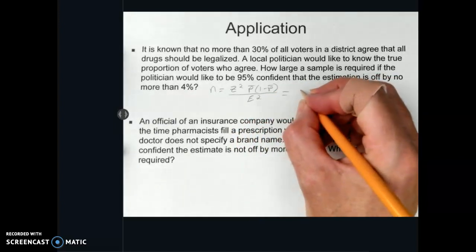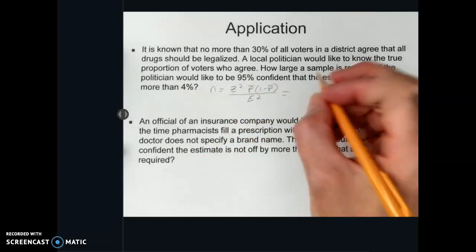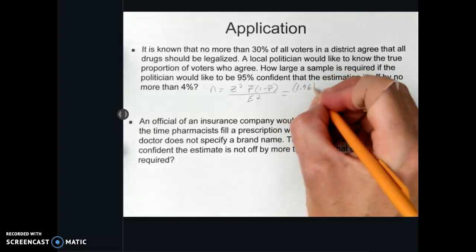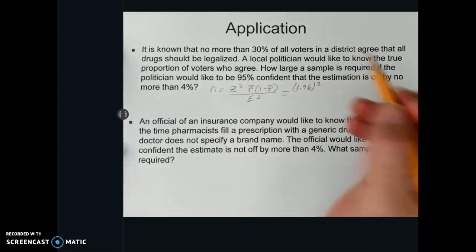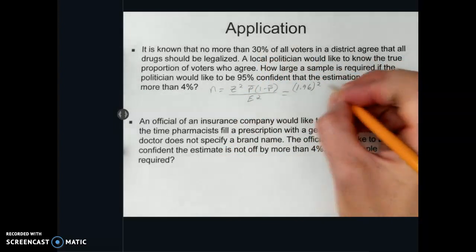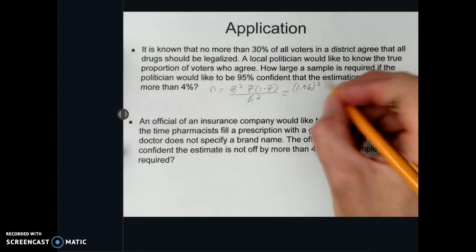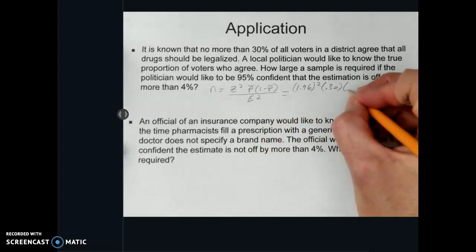We know z that corresponds to a 95% confidence interval is 1.96. We did that in a previous example, so we don't need to do that again. We know that the p bar is going to be 30%, right? Because it says knowing that no more than 30% of all voters in a district agree. So we put 0.30, and then 1 minus 0.3.